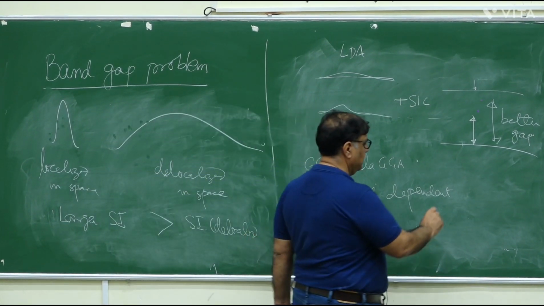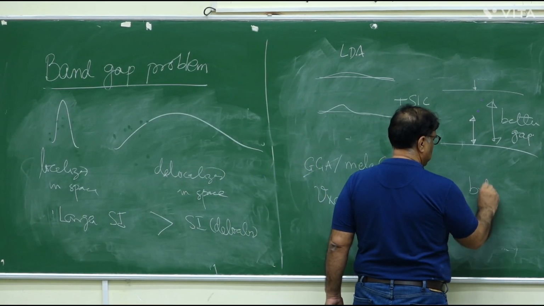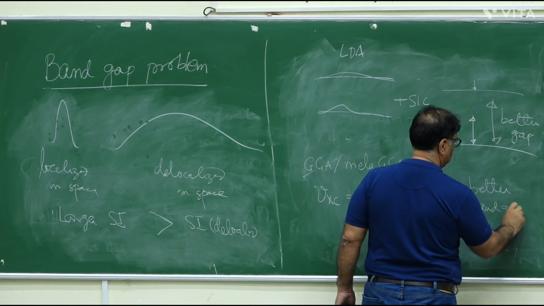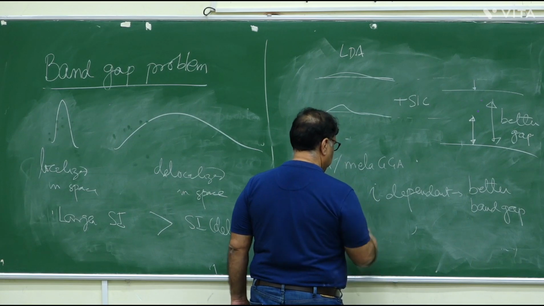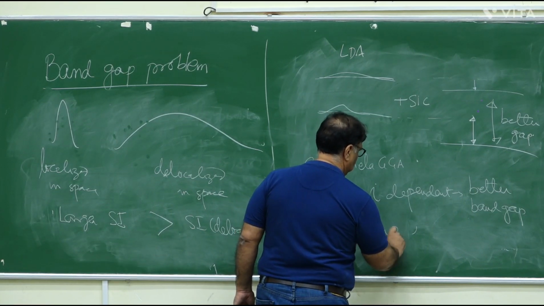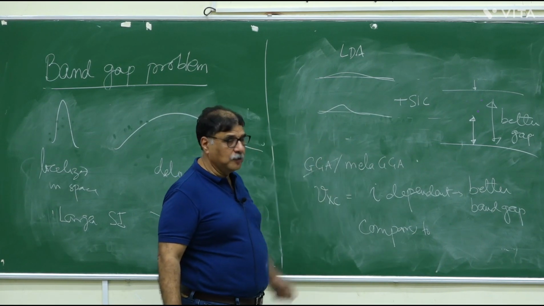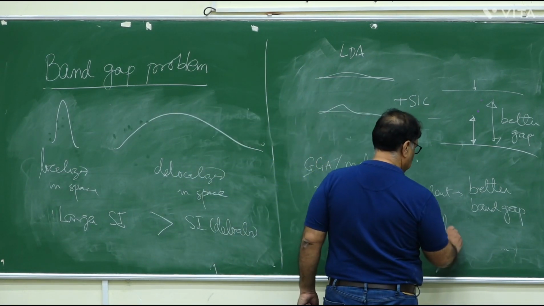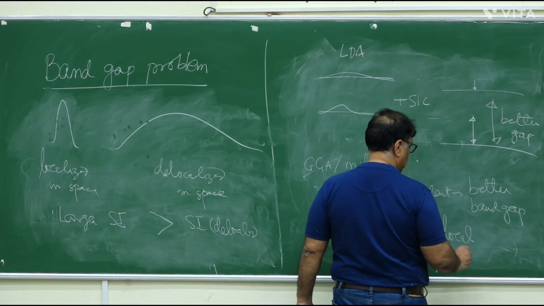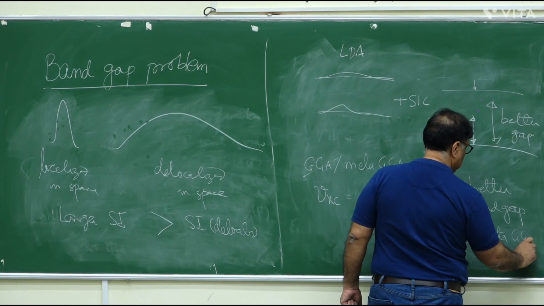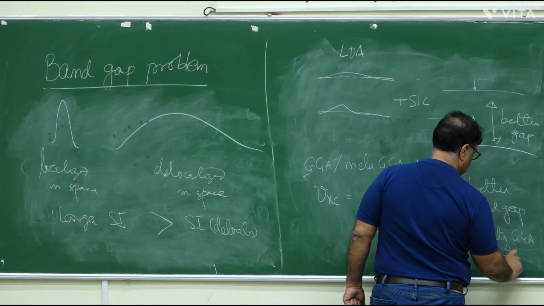And this gives you better band gaps compared to if I localize it, somehow I can make a local potential out of it. There are tricks of doing it. Meta GGA potential.